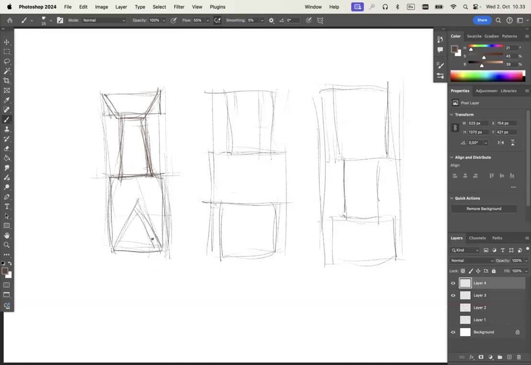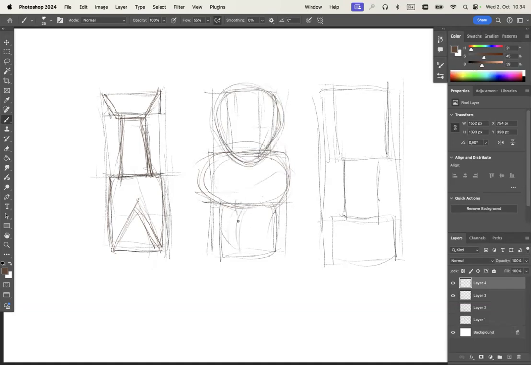So let's have something roundish over here. So I'll take the round theme, and maybe use pear shapes. And at this point, these shapes can also overlap.